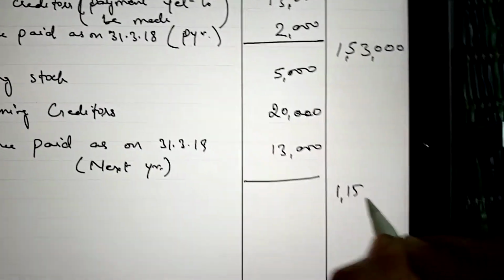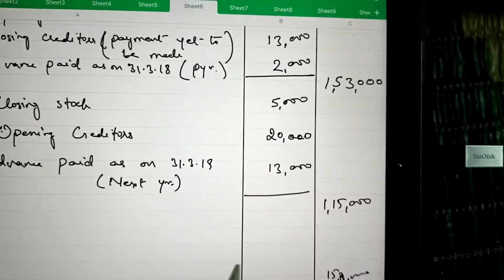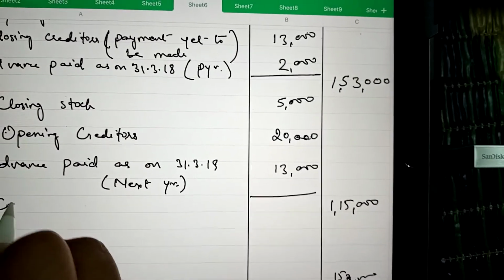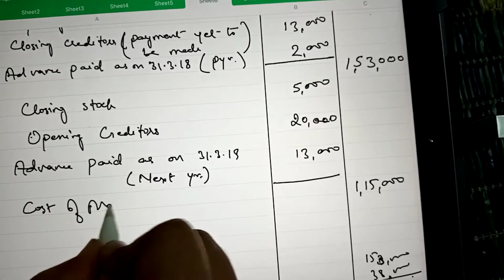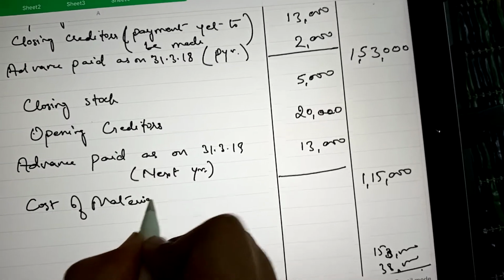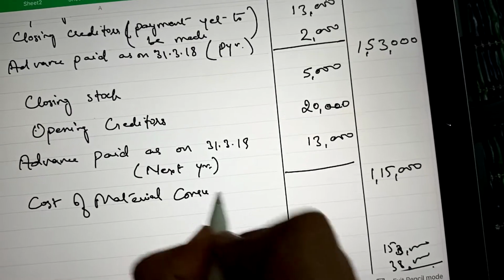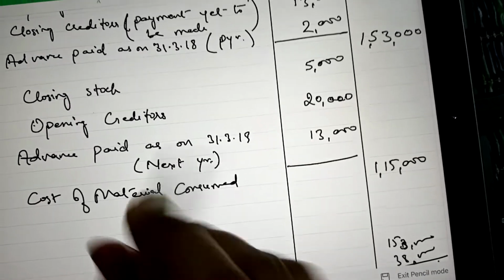So the answer is 1,15,000, and it is the cost of material consumed during the current year.